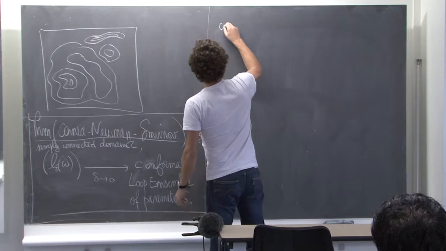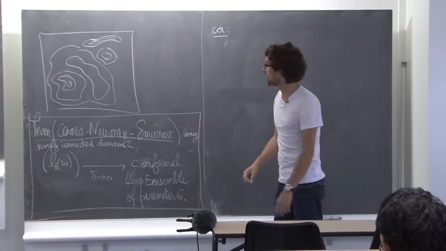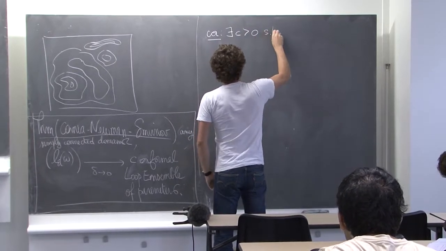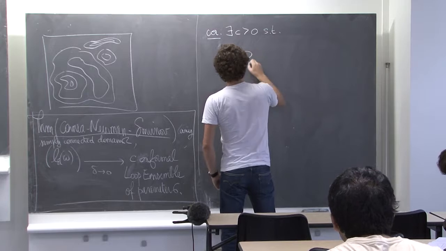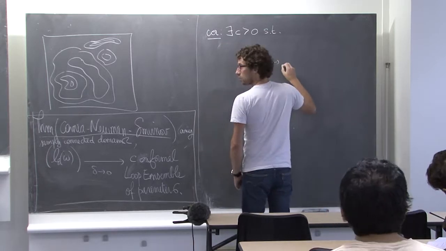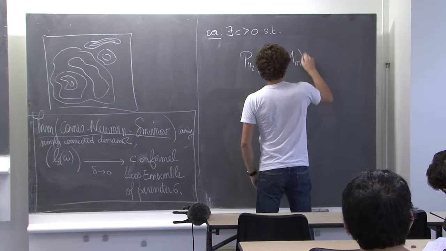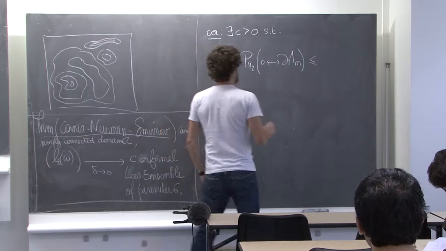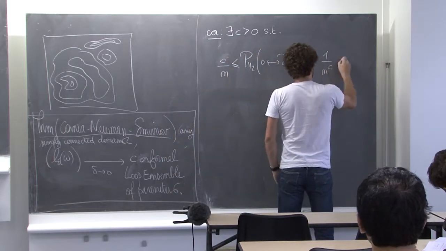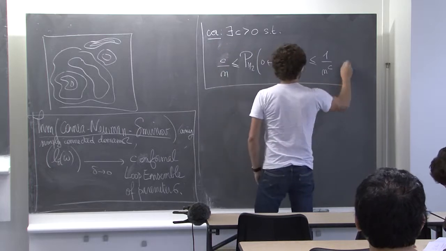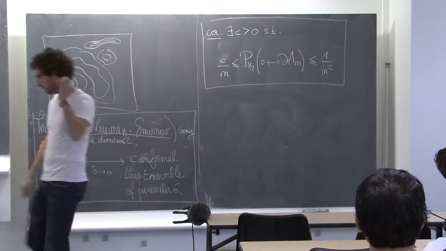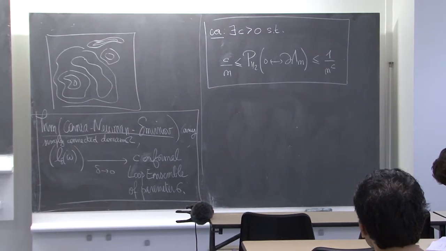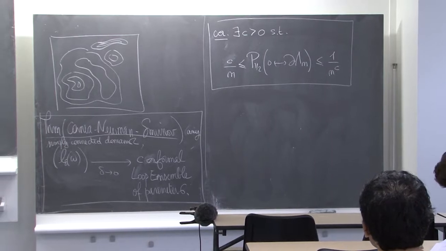Let's look at another corollary of the Russo-Seymour-Welsh theory, which is the fact that there exists a positive constant C such that the probability at 1/2 of 0 being connected to the boundary of my box of size n decays faster than C over n and smaller than 1 over n to the C. Remember that we said that we were not decaying exponentially fast at criticality.